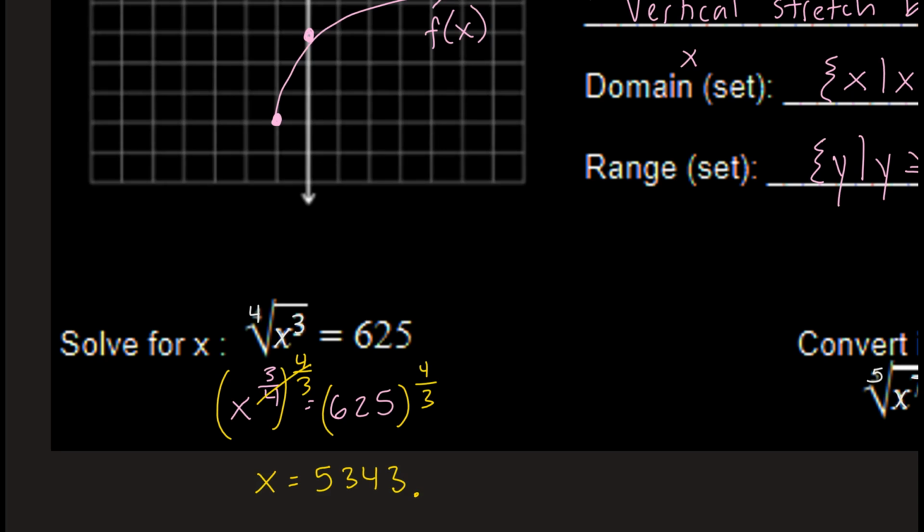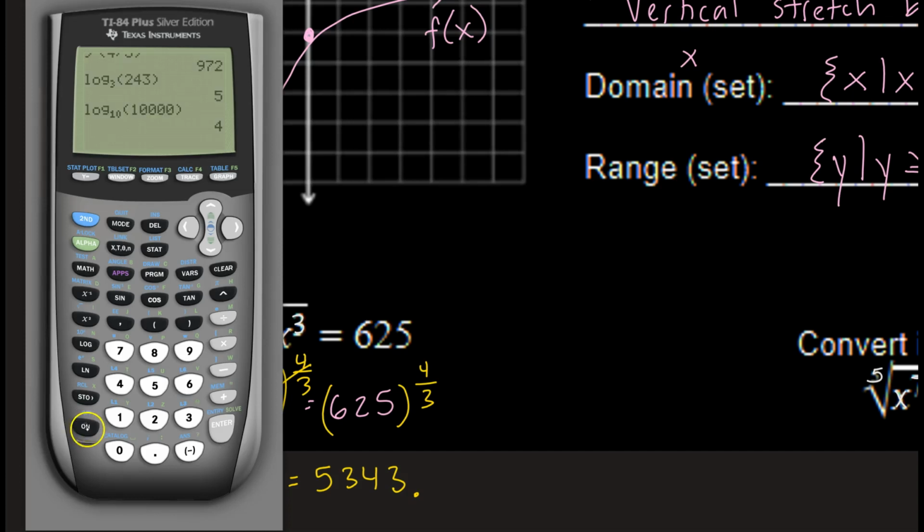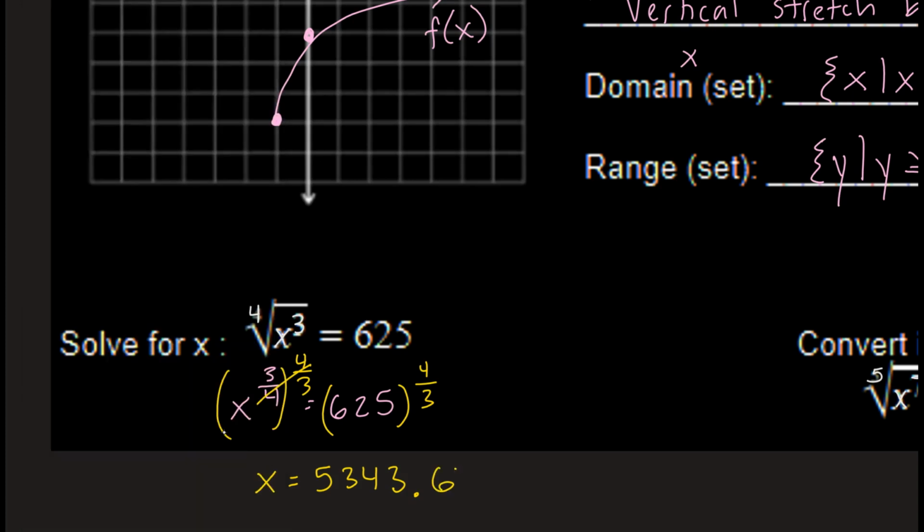Here we go. I'll do it on my calculator. So we have 625 raised to 4 divided by 3. You're right. I thought you were wrong, Naya. You were right. That was our answer. Good job.